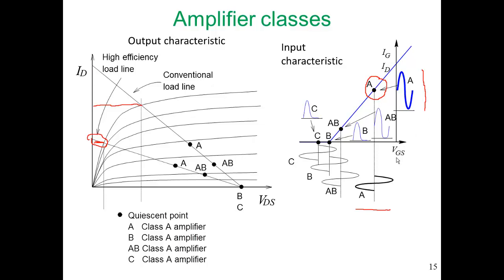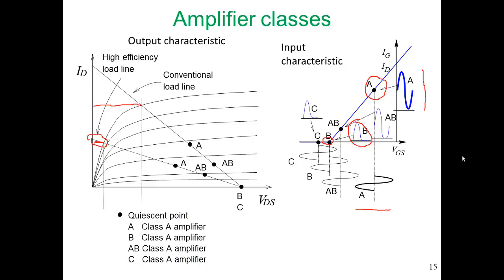If we did bias this transistor in class B, very little current flows, maybe just leakage current flows when we have the gate source voltage at its quiescent level, and as the gate source voltage changes, we'll change the output swing, but we'd have a distorted waveform at the output. Anyway, we're operating in Class A amplifier mode here. We're always consuming DC power, but the signal that comes out will have very little distortion.